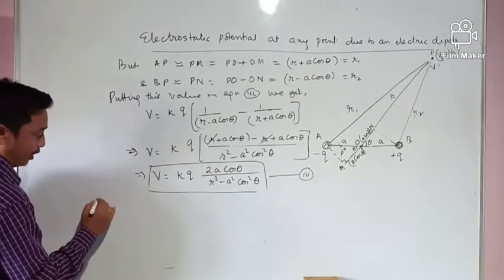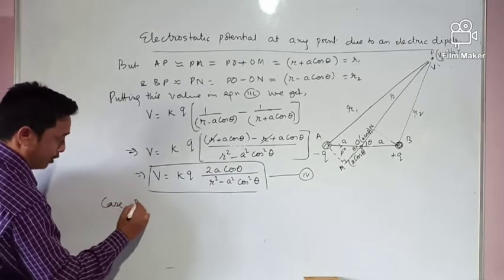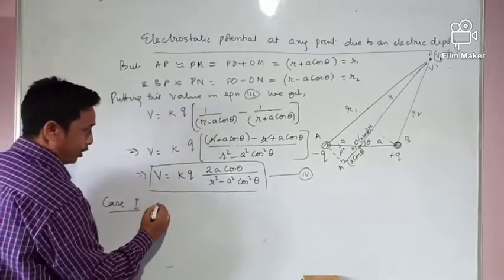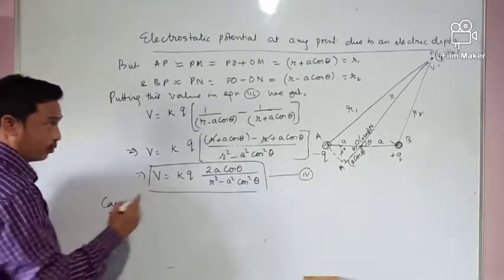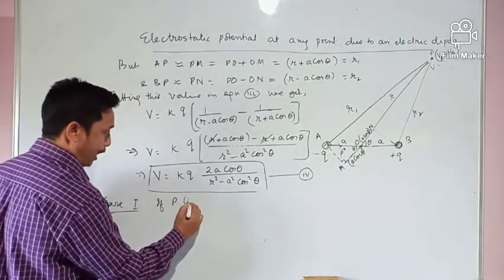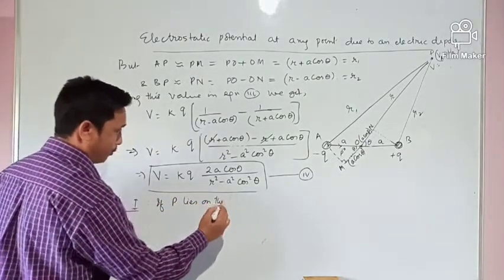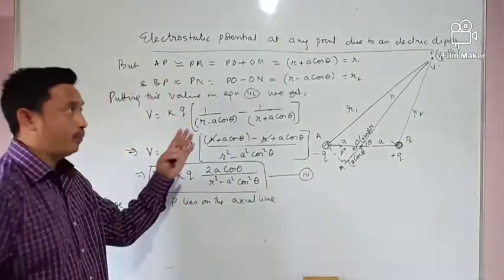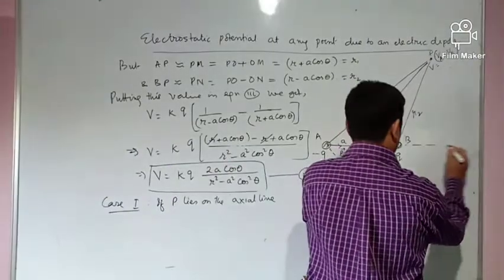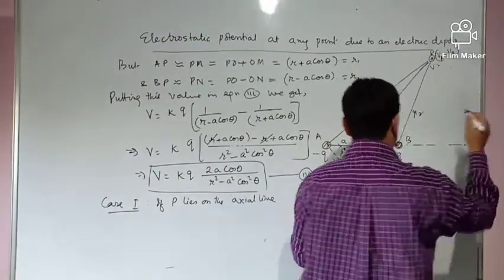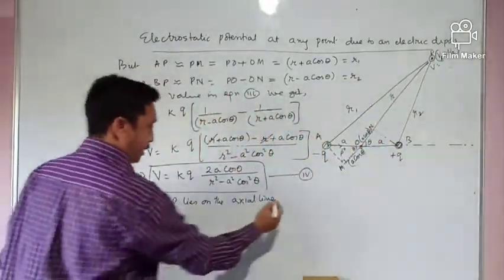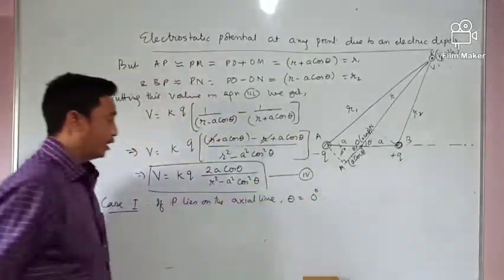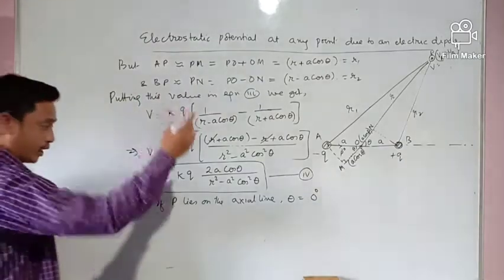Okay, then case number one: if the point P lies on the axial line of the dipole, that is theta equals 0 degree, that is the axial line.